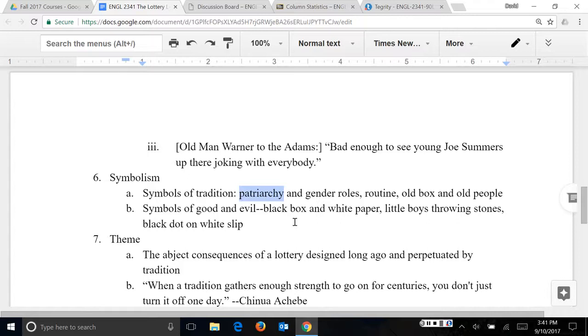We clearly know this because Mr. Summers, a man, is the one in charge of the lottery. All the men are the ones who draw for their families. The women, of course, stay at home cooking and cleaning, presumably, since that's what Tessie joked about when she got to the crowd.